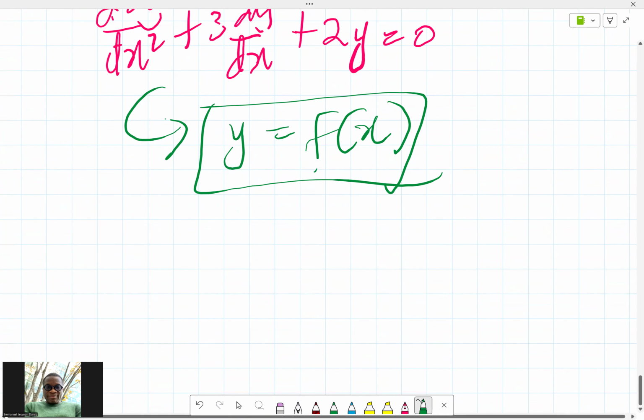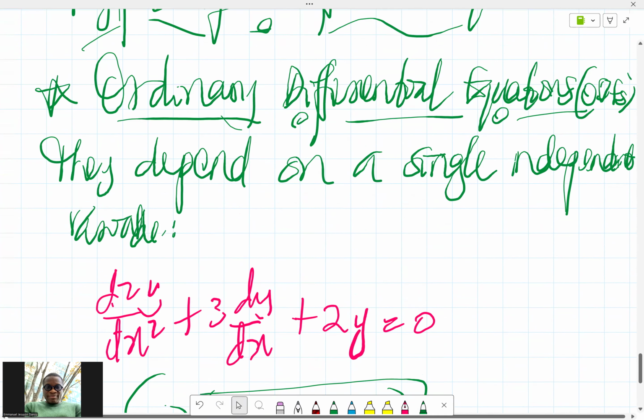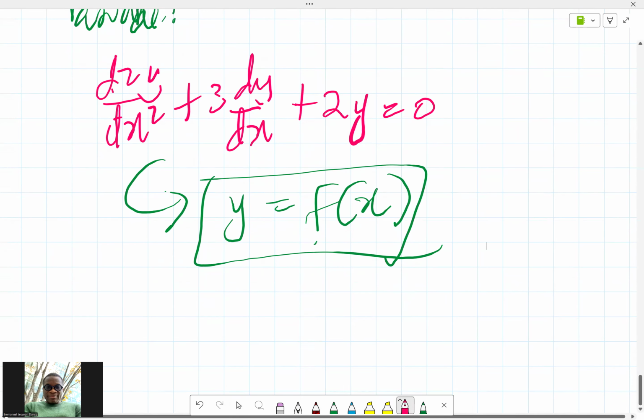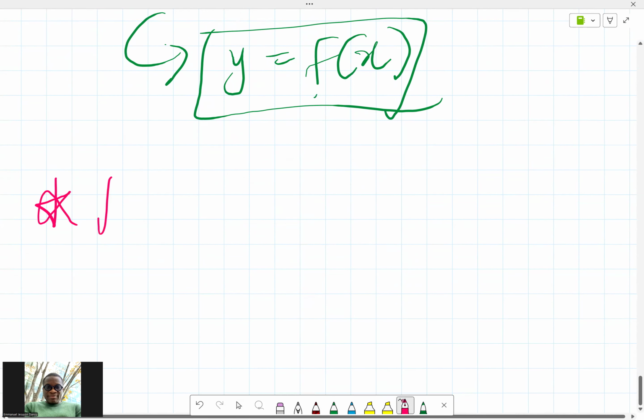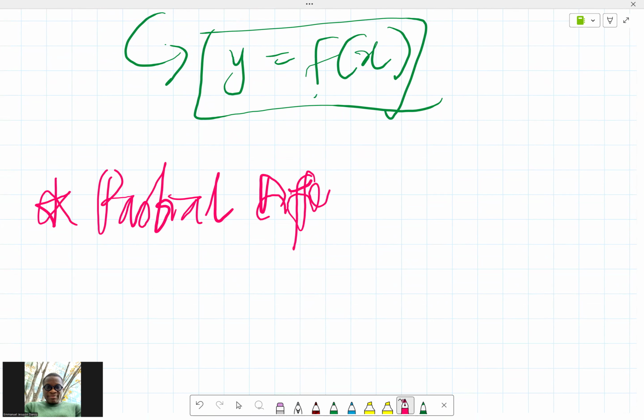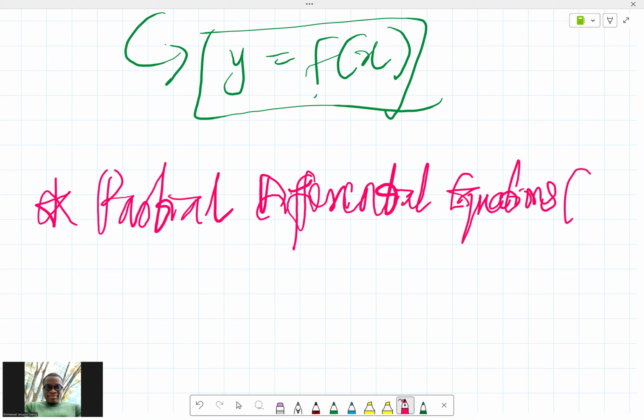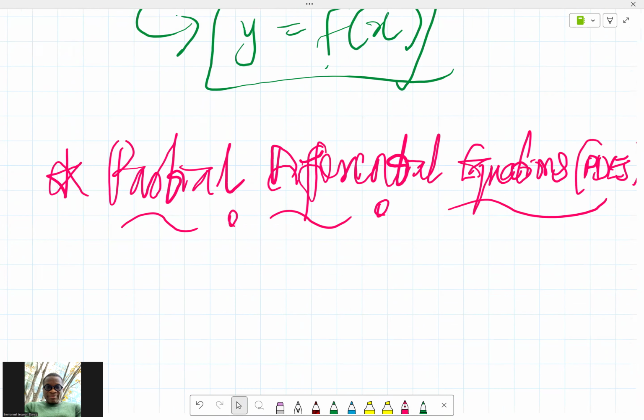But then we have the opposite of this, which would be the partial differential equations. Interestingly, under the playlist on numerical analysis, I talked about how to solve ODEs and PDEs under the ideas of initial value problems and boundary value problems.